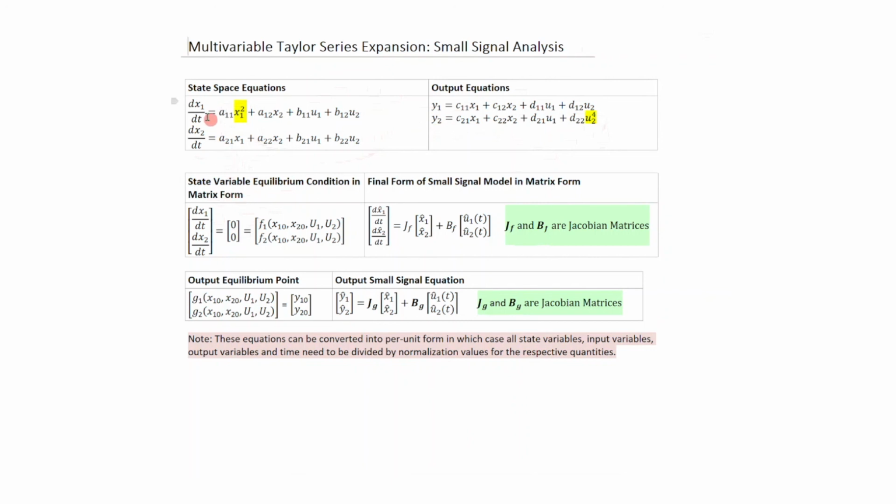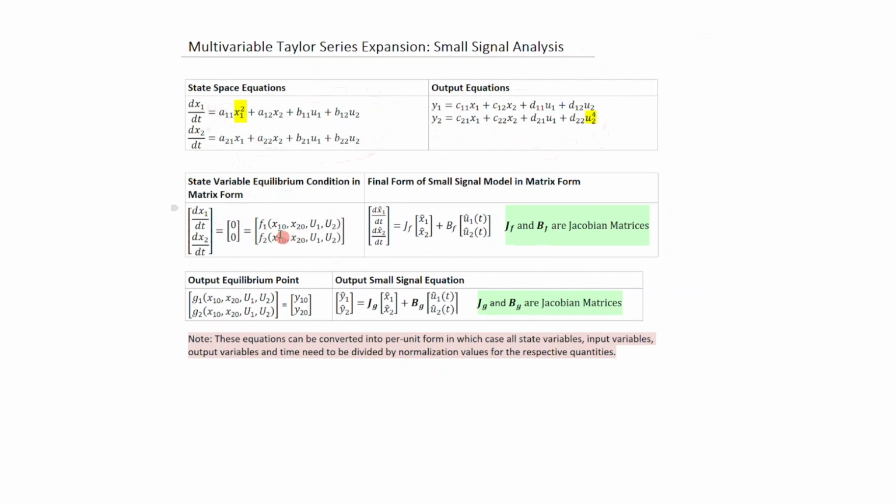And equilibrium was basically when there's no change taking place in the state variables, which means dx1/dt equals 0 and dx2/dt equals 0. So that means these two would be 0, and you're left with basically trying to compute the equilibrium values. U1, U2 would be the input equilibrium values, and what you're computing is what is x1 equilibrium, x2 equilibrium.